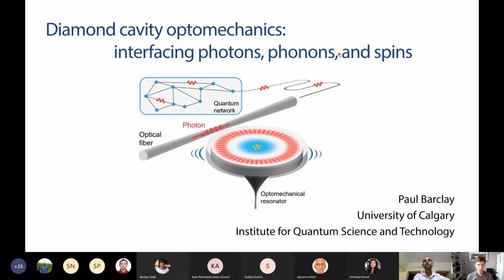In 2008, he joined Hewlett-Packard Labs in Palo Alto, California, in the USA, where he advanced the emerging field of diamond quantum nanophotonics. Since starting his lab at the Institute for Quantum Science and Technology at the University of Calgary, Canada, he has performed pioneering research in the field of diamond photonics and optomechanics.